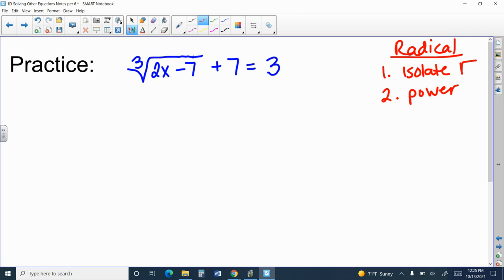I have to cube it. I have to do it to the third power. And then we can solve and check. All right, so go ahead and take a minute and try this one. And we'll check over it in a couple minutes.